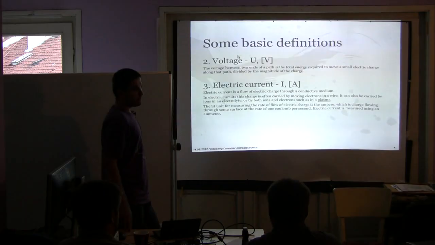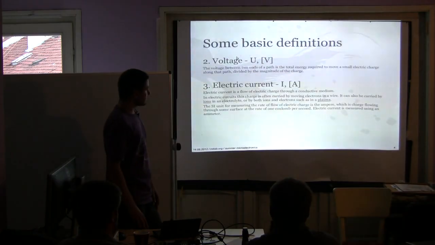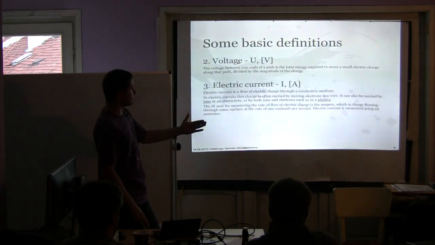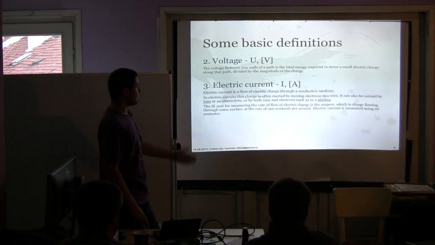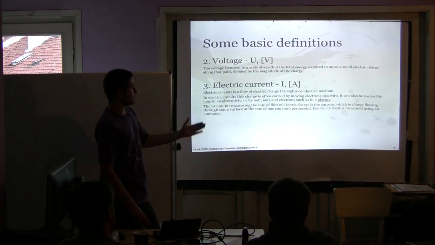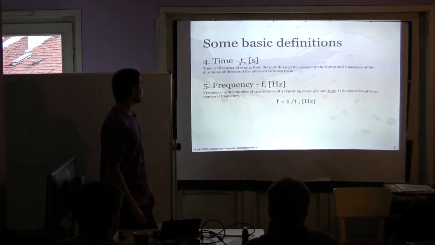So you have a cross section of some medium, and the electrons that flow from one side of this cross section to the other are actually the electric current. Simple explanation.